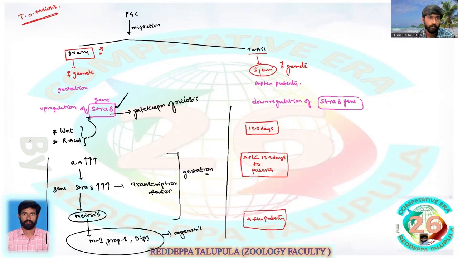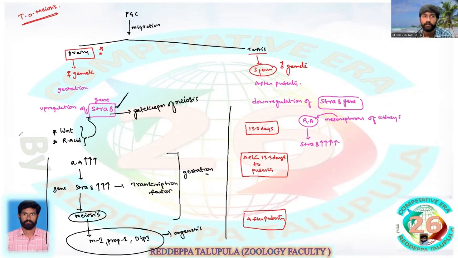See, retinoic acid will be present in the testis, secreted from the mesonephros of the kidneys. This produces retinoic acid, and retinoic acid will cause the expression of the gene STRA8.